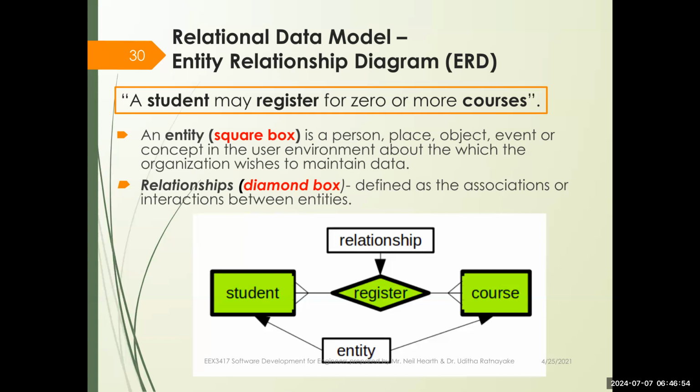So we write may register. 0 means no courses. More courses means one or more than one.